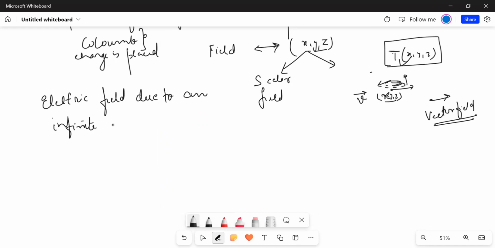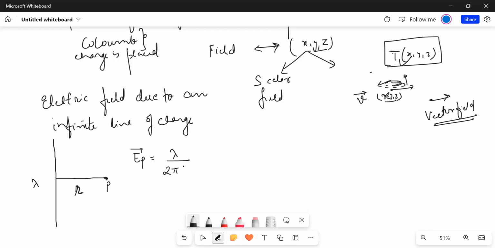I discussed on that particular day that if there is an infinite line of charge, and the charge density was given as lambda, and we wanted to find at a distance r, perpendicular to this line of charge at point P, then the electric field at point P is in the radially outward direction and given by lambda upon 2 pi epsilon naught r cap. I hope it is clear. Okay, this is the first of the things.